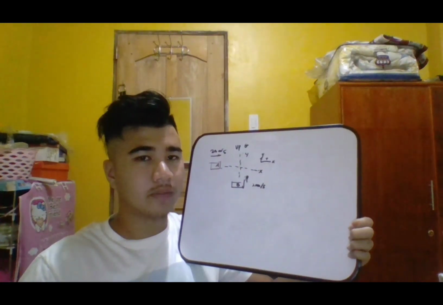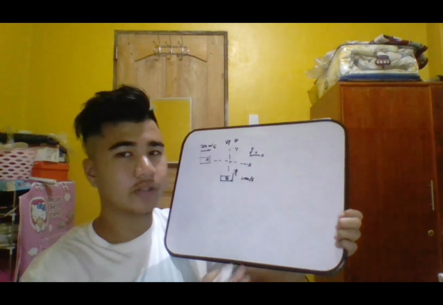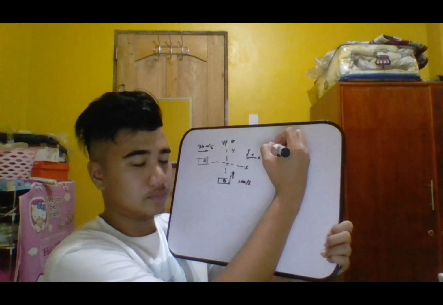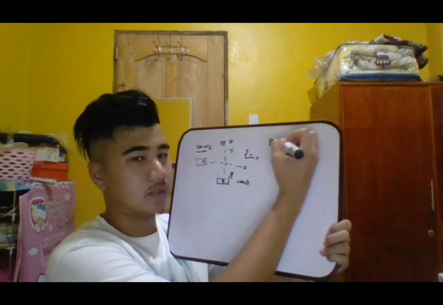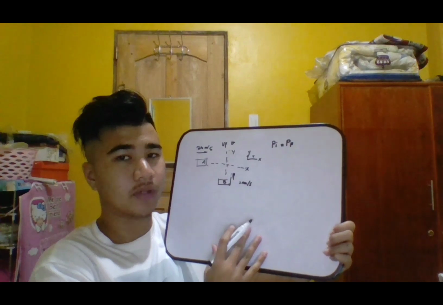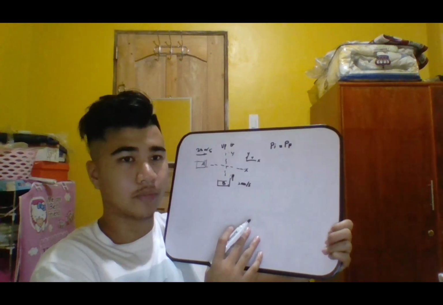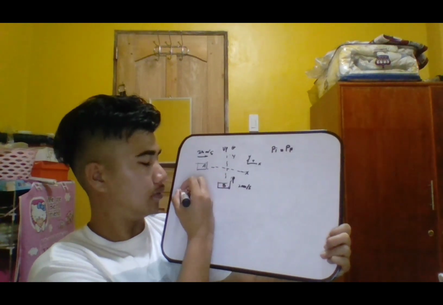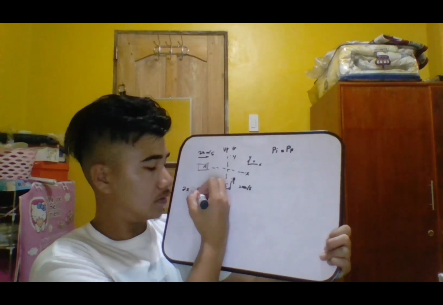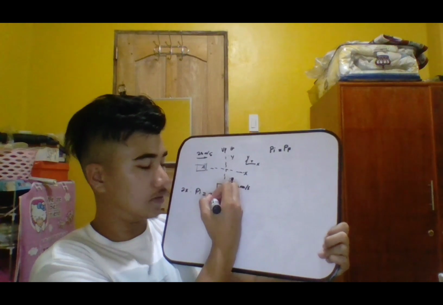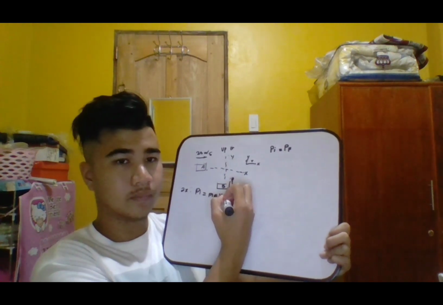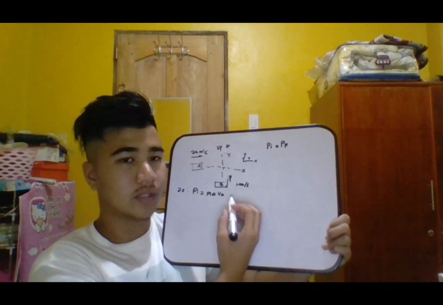First step, gagamitin pa rin natin yung conservation of momentum, initial momentum is equal sa final momentum. We find the x component of initial and final momentum. Initial momentum at x component is equal sa mass of A times the velocity of A. So siya lang yung nasa x component.